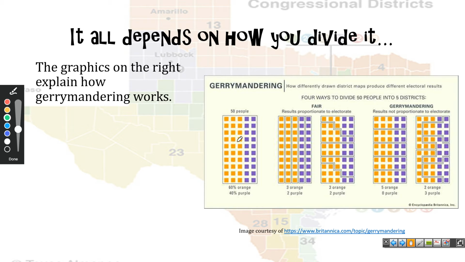Let's start this all over again. You have a state right here, and within this state, let's just say, to make it easy, there are 100 people. 60 of those people are orange, 40% are purple.